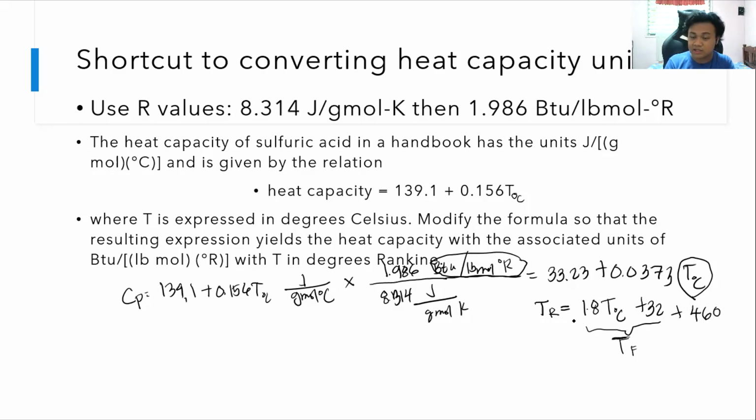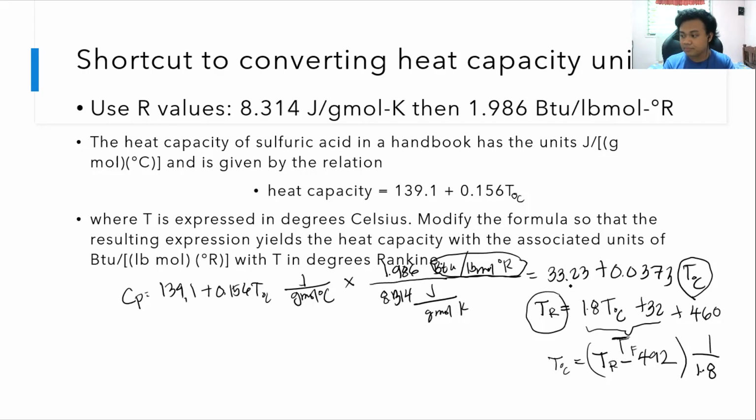Transposing all these values to the other side so that we will be left with degrees Rankine, the degrees Celsius now will become degrees Rankine minus 492, then divide it by 1.8.